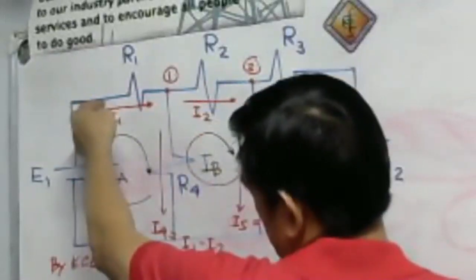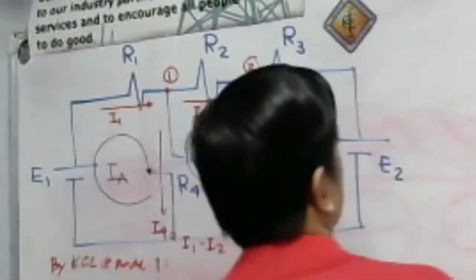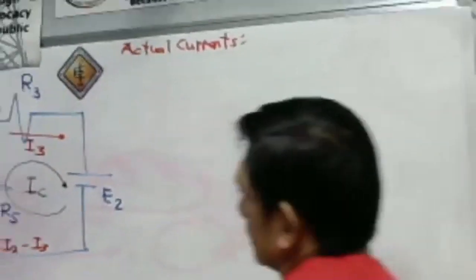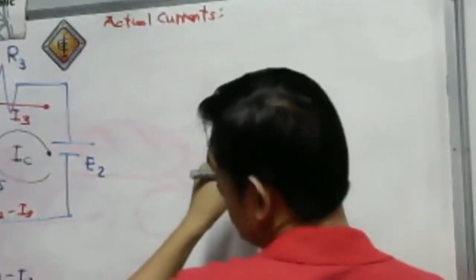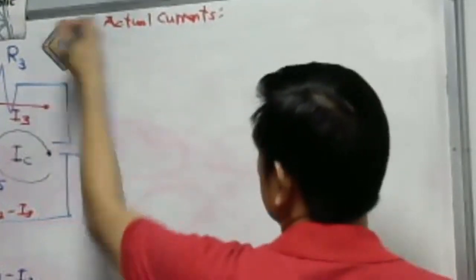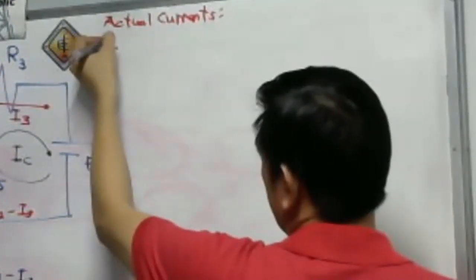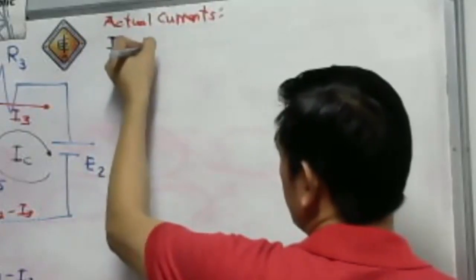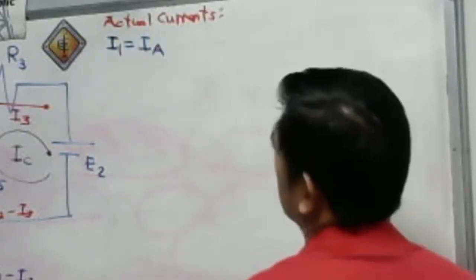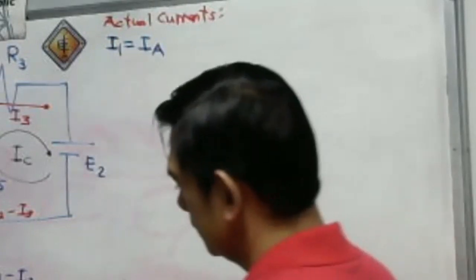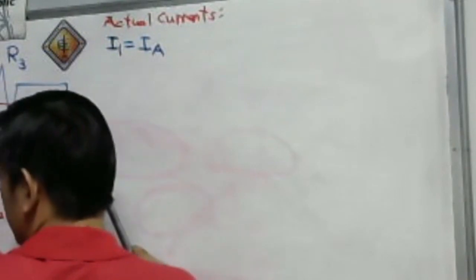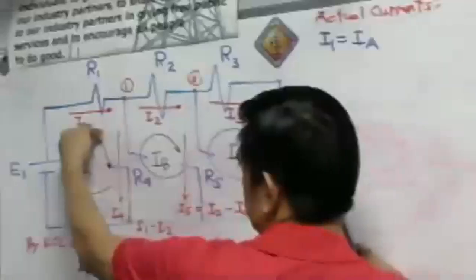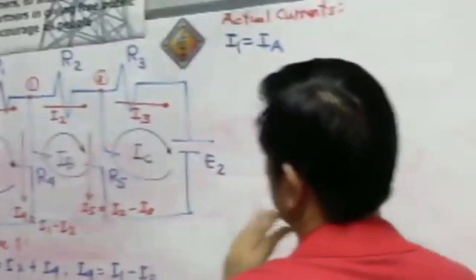So I1 is simply equal to I sub A. Remember that, because I1 is going to the right and I sub A is going to the right also. They are just equal.